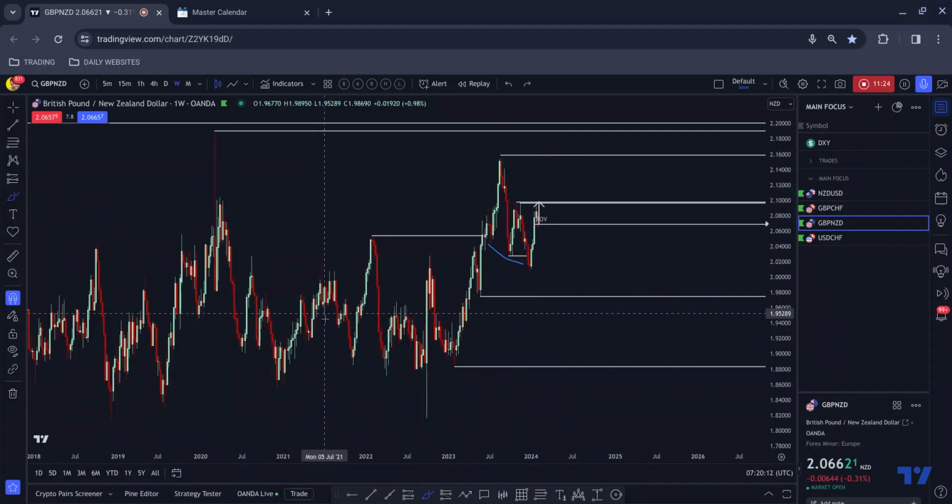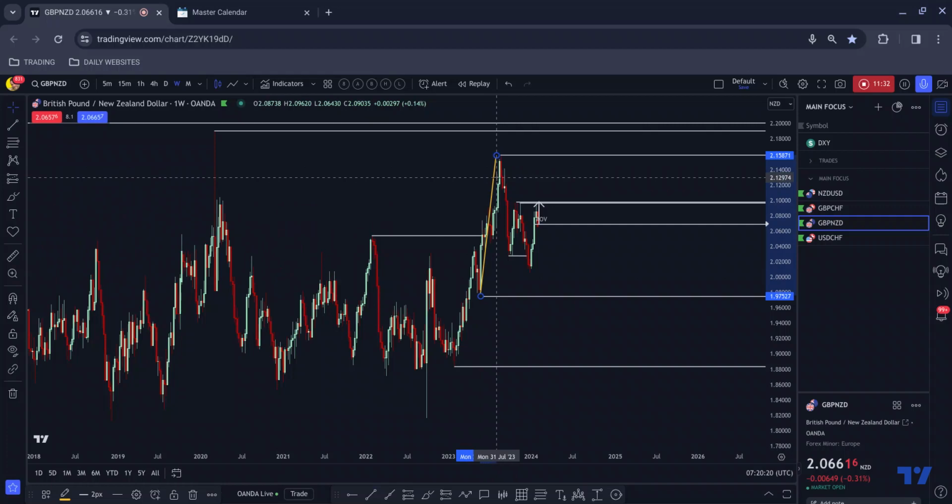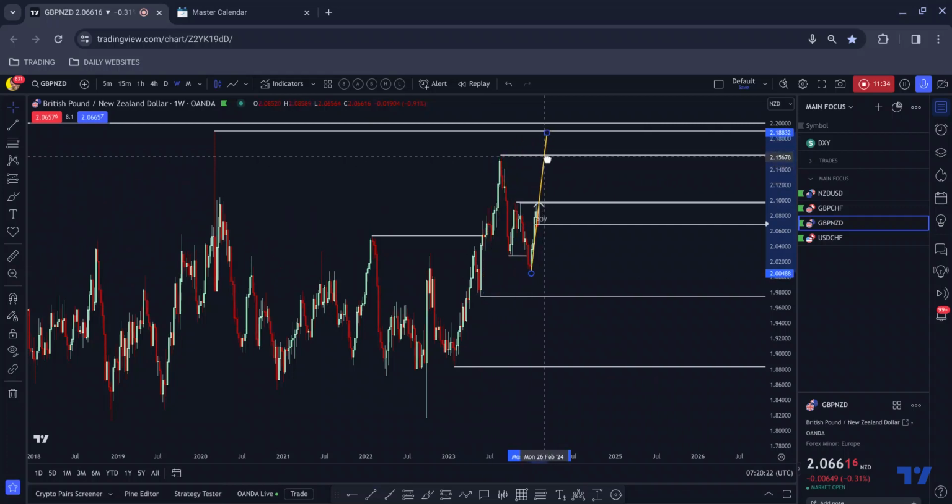And if we just measure that, where would that take us? Even if we measure this impulse here, that impulse correction continuation would take us up to this area. So that makes sense as well.